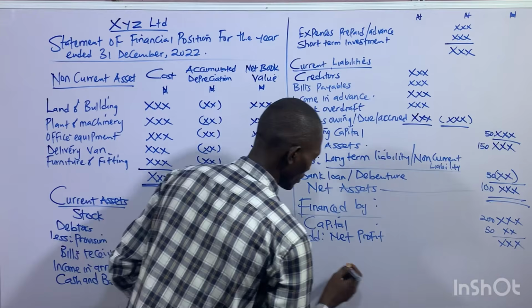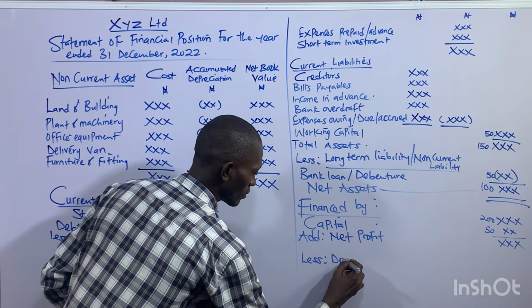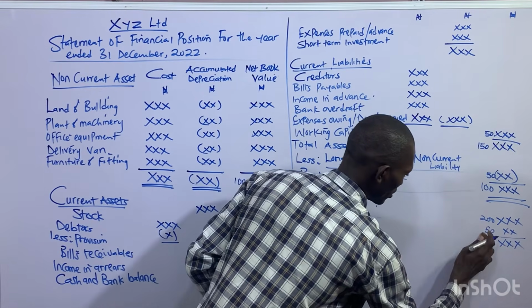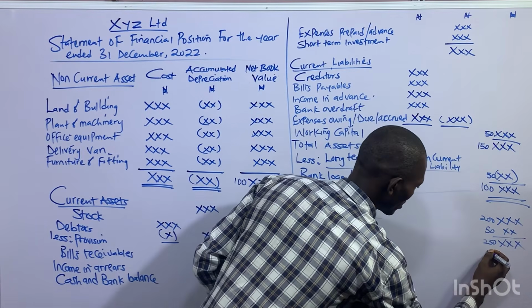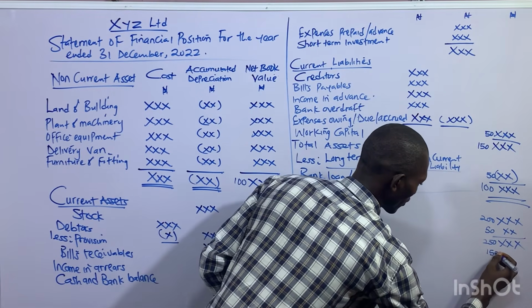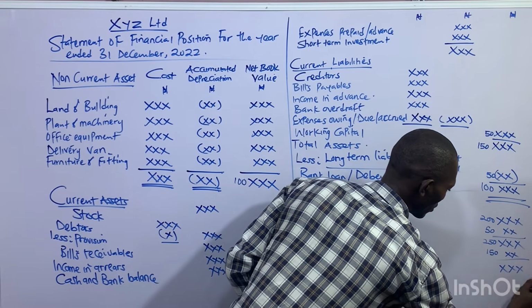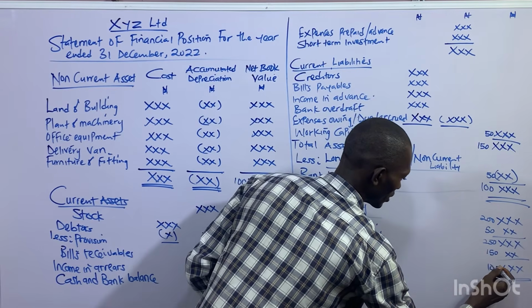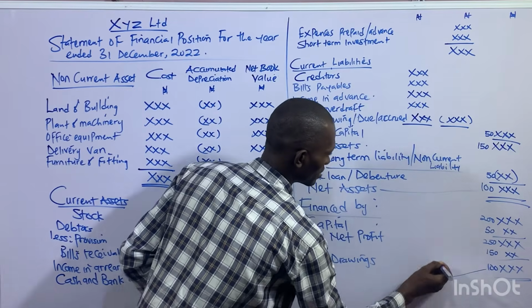Then we less drawings. This plus this has 250. Let's say our drawings is 150. So 250 minus 150 gives you 100. So this is how the business is financed.